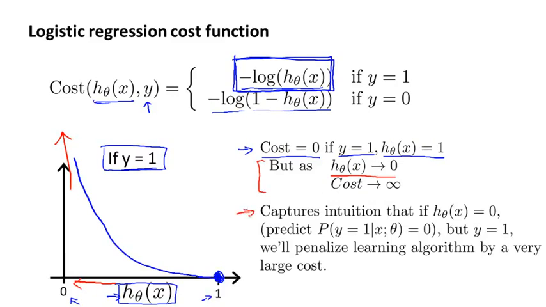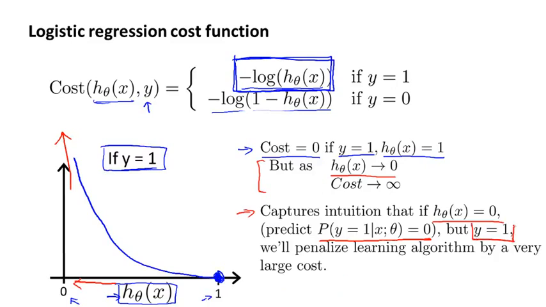And what this does is this captures the intuition that if a hypothesis outputs 0, that's like saying our hypothesis is saying the chance of y equals 1 is equal to 0. It's kind of like going to a medical patient and saying the probability that you have a malignant tumor, the probability that y equals 1, is 0. So it's like absolutely impossible that your tumor is malignant.